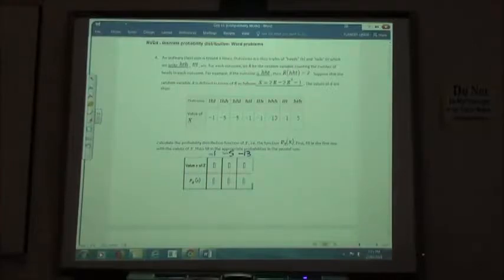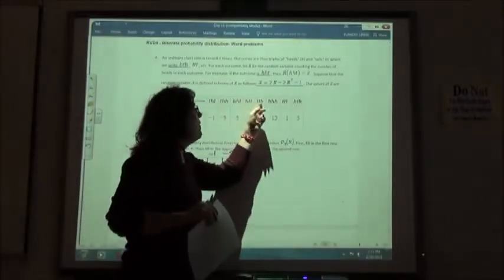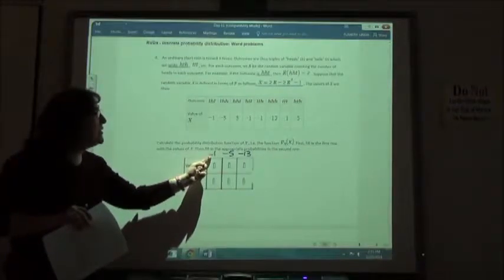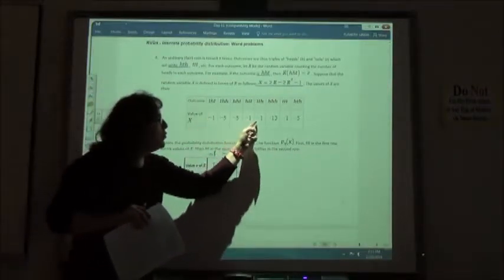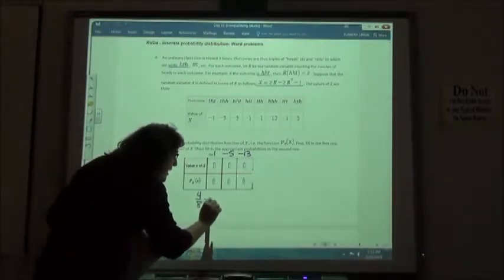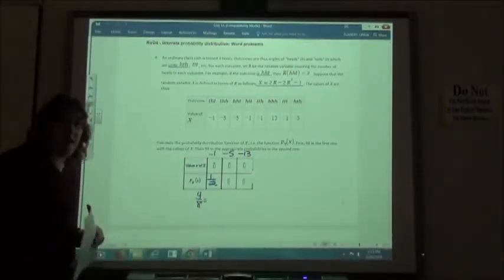The second row, I'm just going to write the probability in as a fraction. We have 1, 2, 3, 4, 5, 6, 7, 8 possible outcomes. How many -1s did we get? 1, 2, 3, 4. So 4/8, which is a half, right?